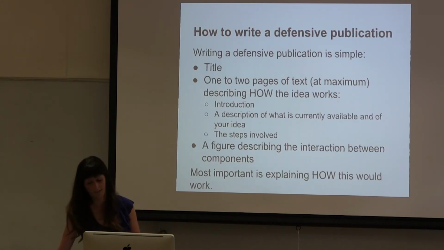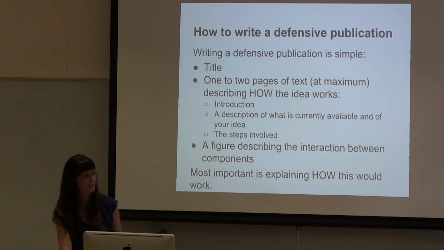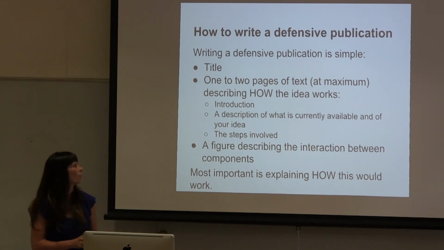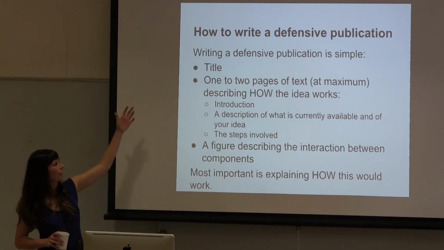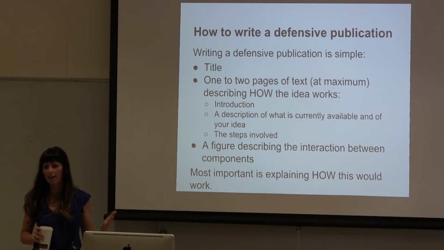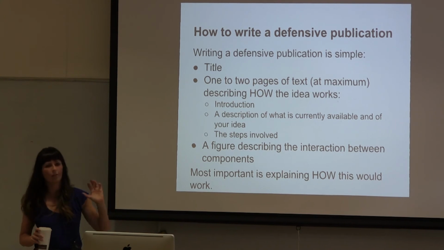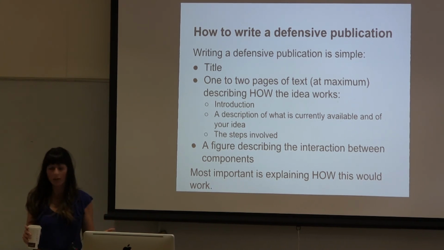So a defensive publication. How do you write one? It's really simple. I mean, you have a title, 1 to 2 pages. It's not a very long document. It's a very short, brief, but descriptive document about what you're working on. And it's something that doesn't have to actually work.